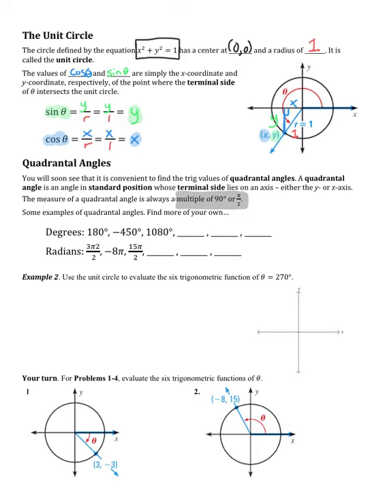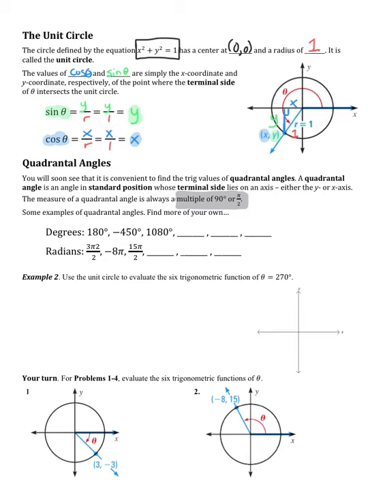Okay, and basically what that means is you take any angle and you're going to end up on an axis with a quadrantal angle. So 0, 90, 180, 270, and then 360, 450, 540. All right, and it's going to keep adding 90 each time.